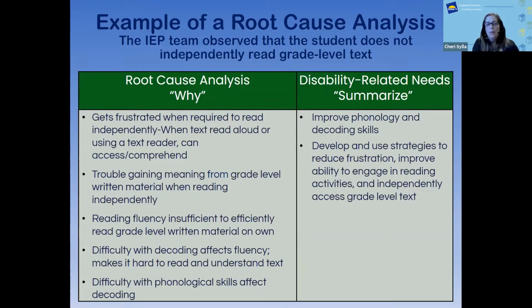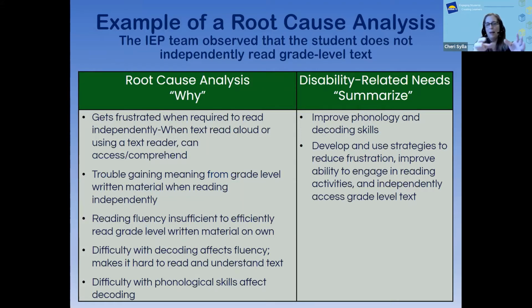So they went through that analysis, and sometimes they say you should ask why at least 5 times. I think sometimes you can ask why 3 times or 1 time, and you might get to what you believe that root cause is. In this case, they identified 2 disability-related needs. Number 1, the phonological and decoding skills.